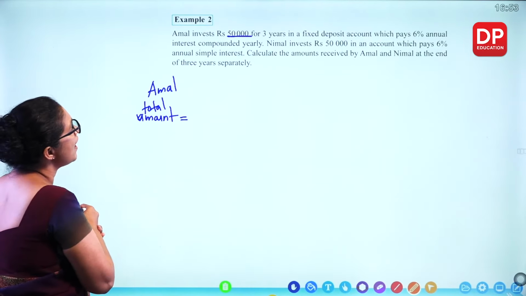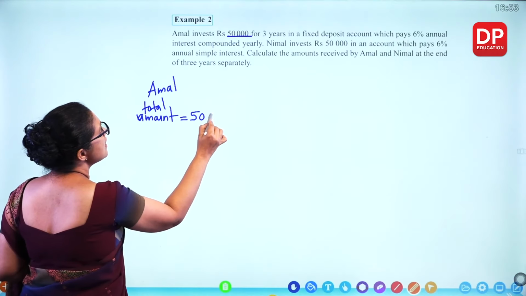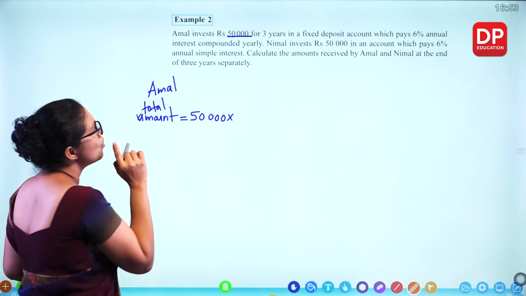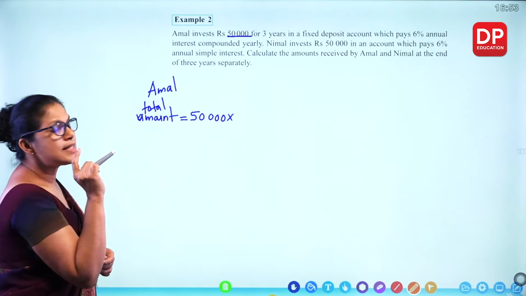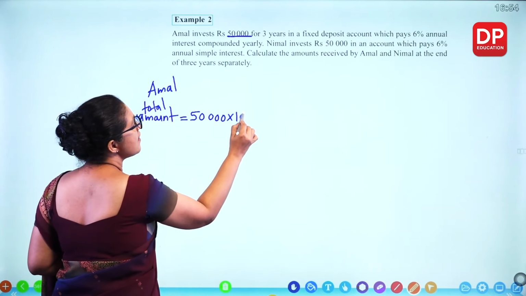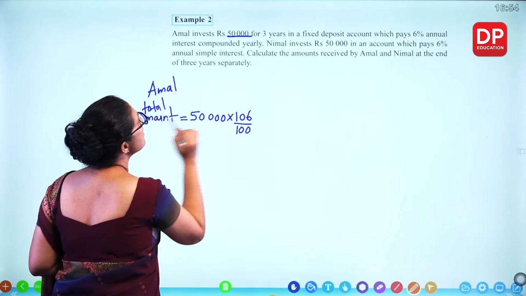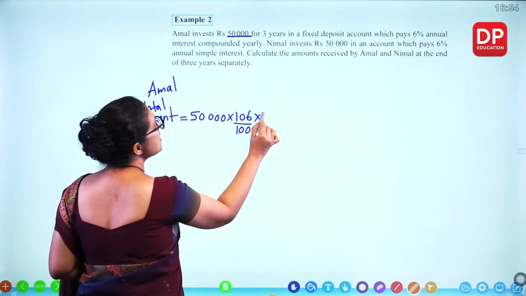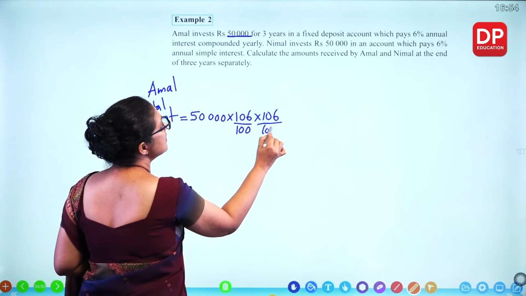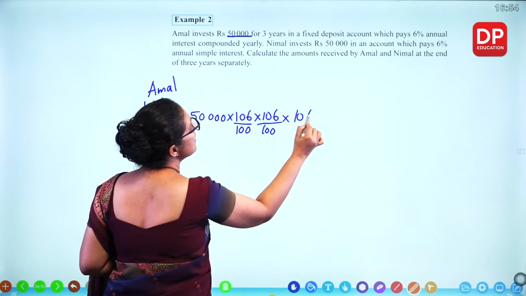We can find out 50,000 into 6% compound interest, 106 over 100. That's the first year, after first year. Second year, and this is the third year.